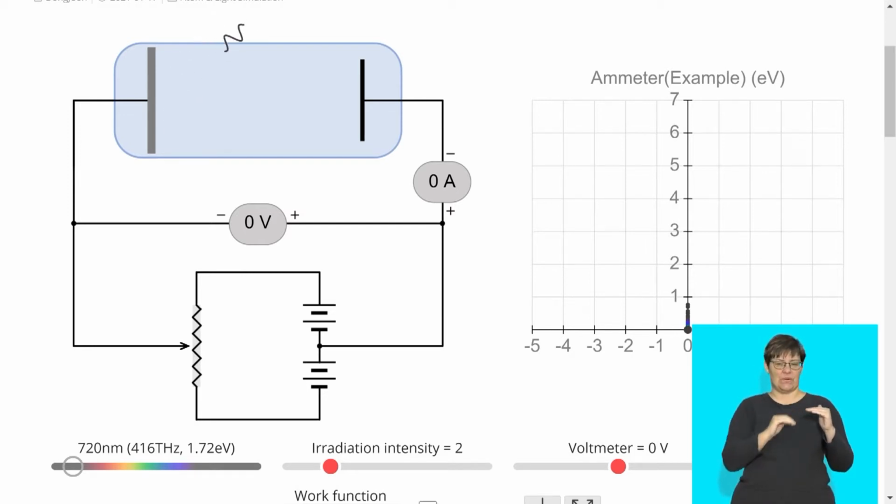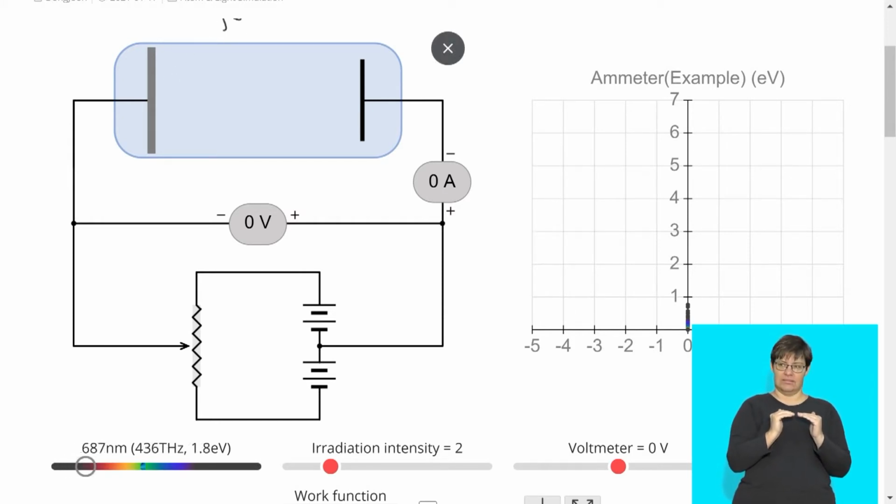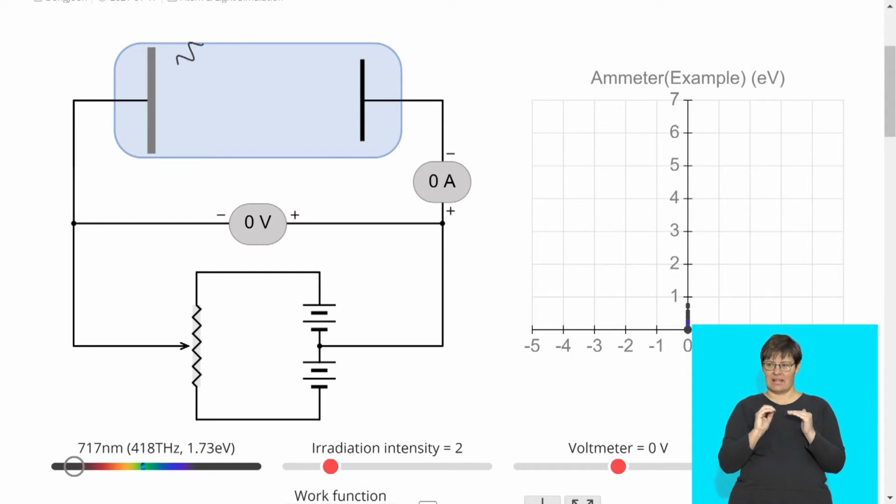That means no current on my reading. As I increase, I'm just going to increase it a little bit. No, still none. I'm going to move it again. Still haven't got any. Yeah, no, it's getting a bit faster. Still not any. And still, usually it's in the ultraviolet.